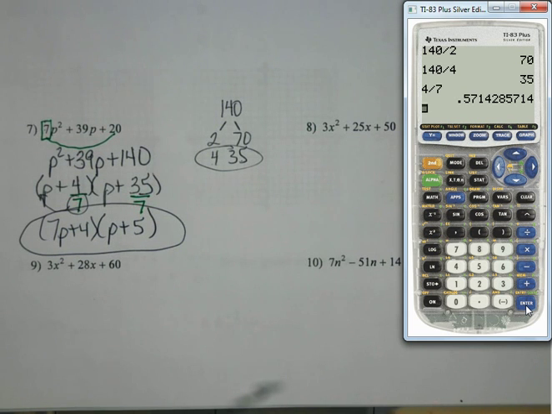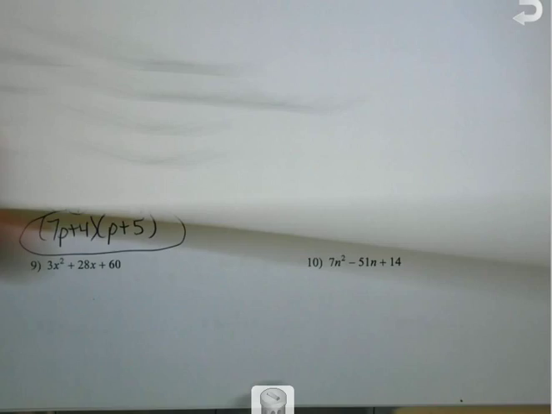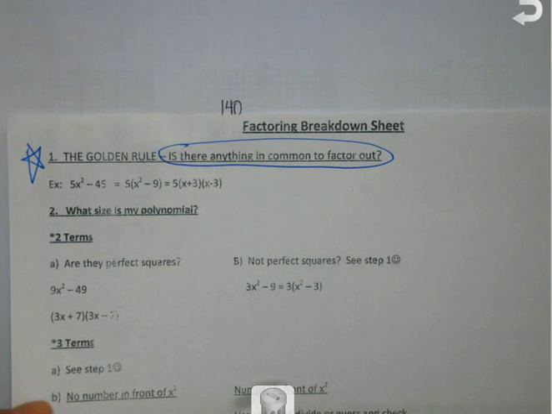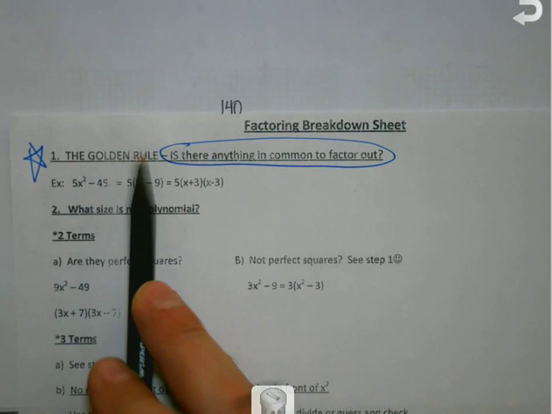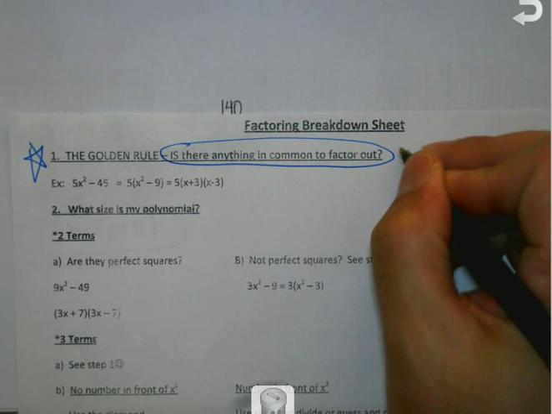So for 7 and 8 and 9 and 10, this is the route you're going to go. Up on the top, 1, 2, 3, 4, those all have something you have to take out. And then 5 is actually pretty straightforward. But again, when you're doing these, you've got to keep telling yourself, first thing every time on a factoring problem, is there anything to factor out?